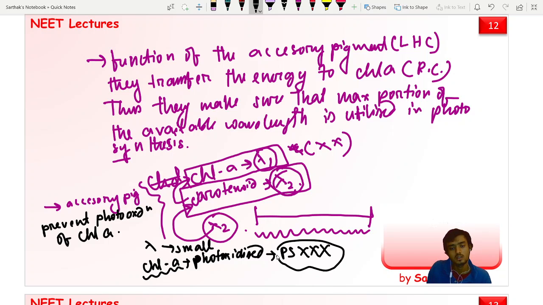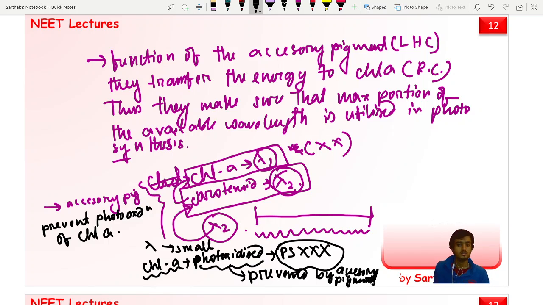So this photooxidation is prevented by accessory pigments. Okay, this is an important point.